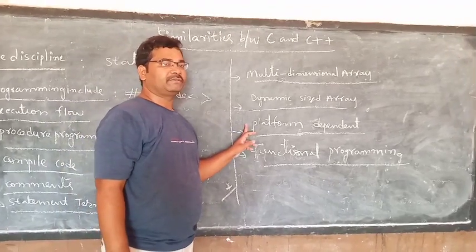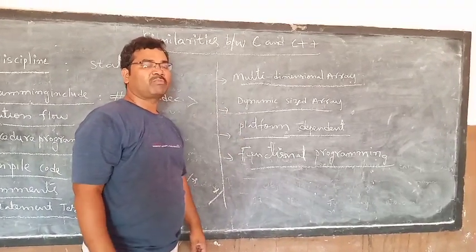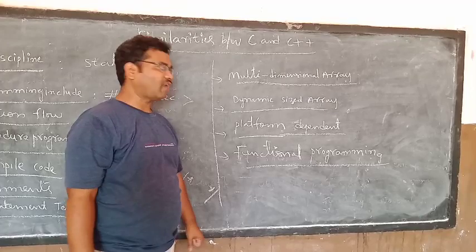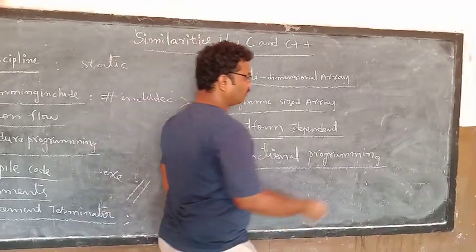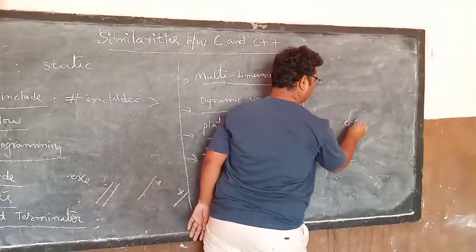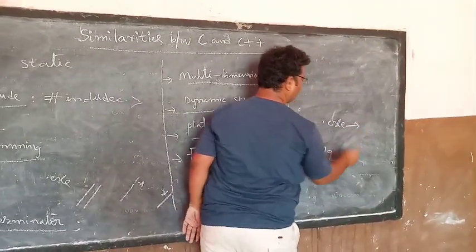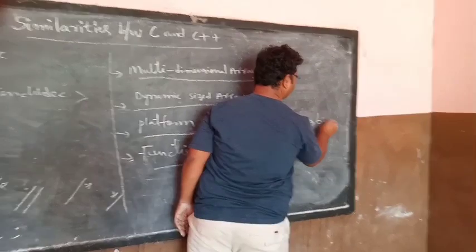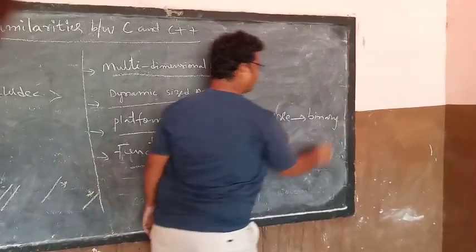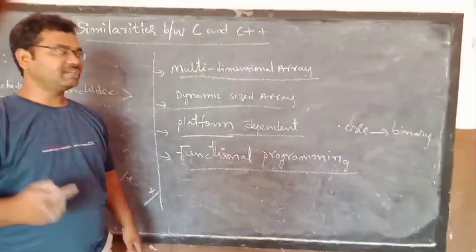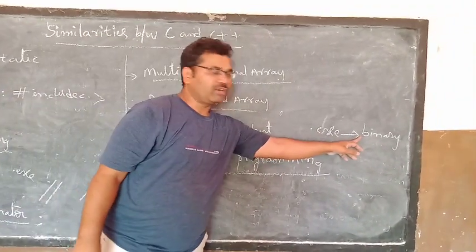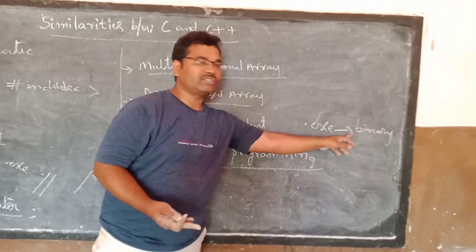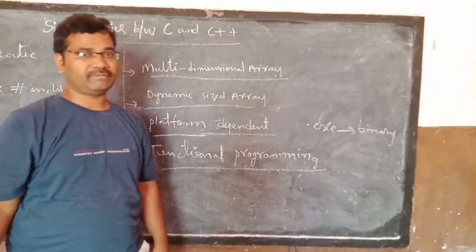Platform dependent. C and C++ are platform dependent languages. Why? Because when you compile a C or C++ program, you get an .exe file. The .exe file consists of binary code. The machine can directly understand binary code, but the generation of binary code is machine dependent.